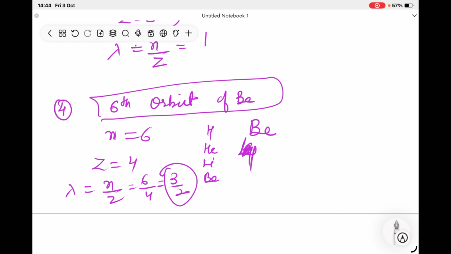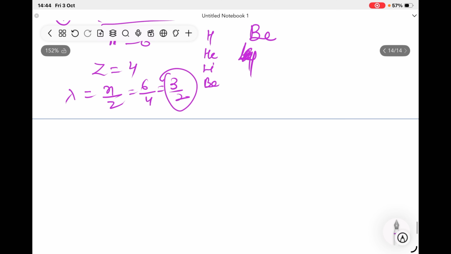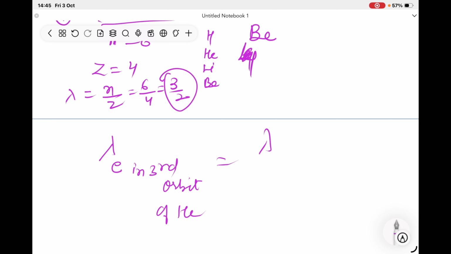The wavelength of electron in third orbit of helium is equal to the wavelength of electron in sixth orbit of beryllium.